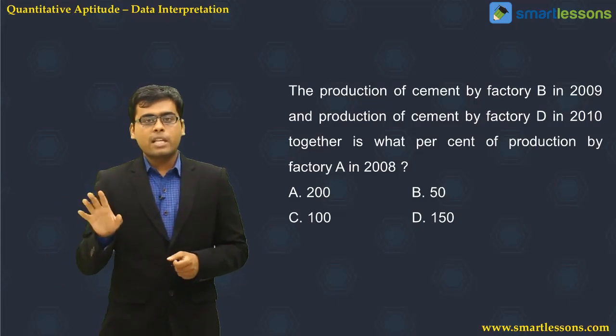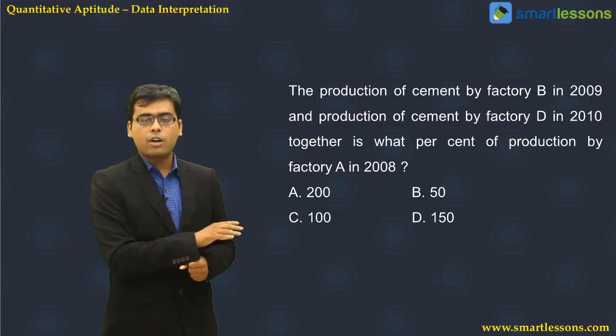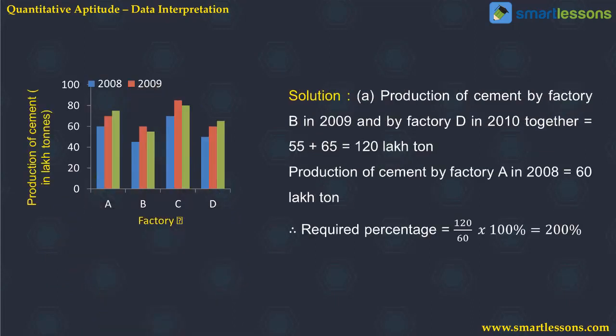The production of cement by factory B in 2009, from the chart, is clearly 55 lakh ton. And the production of cement by factory D in 2010 was 65 lakh ton. So the total production 55 plus 65, that is 120 lakh ton.